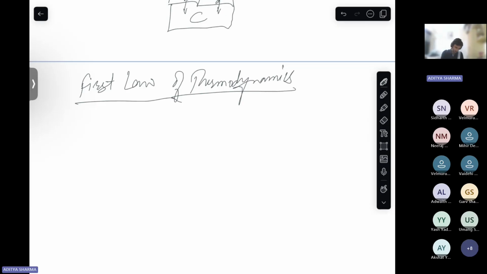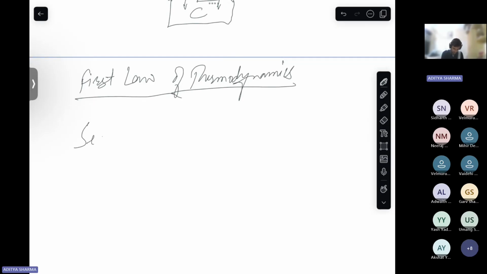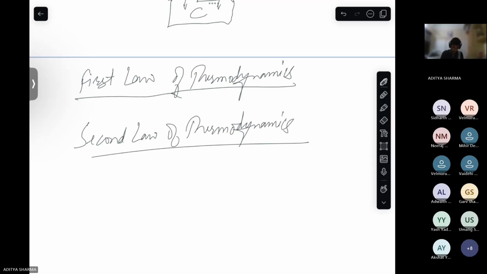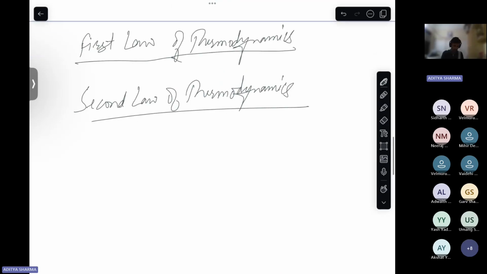So then is your second law of thermodynamics, right? Second law of thermodynamics has been discussed. Here, two statements are important. One is your Kelvin-Planck statement, then is your Clausius statement.